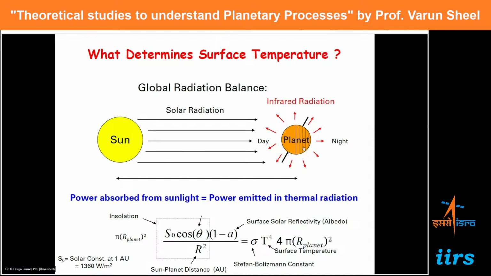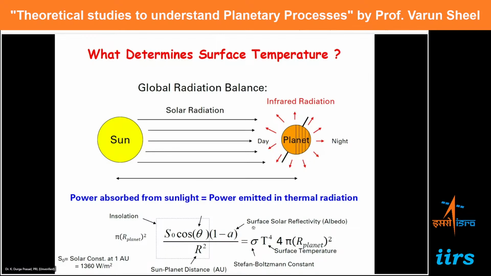If you say 45 degrees, then it is that much of an angle. Then 1 minus A is the albedo, and R is the Sun-planet distance, the distance between the source and the planet. On the right side, you have sigma, which is the Stefan-Boltzmann constant, then T to the power of 4, then 4 pi R planet squared, which considers the complete spherical surface.